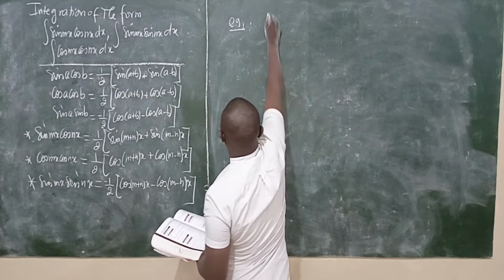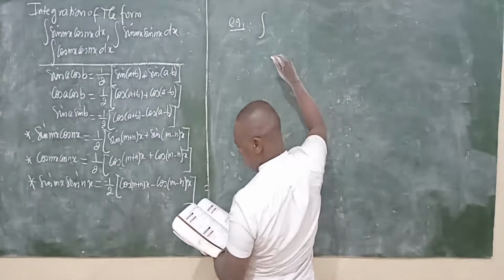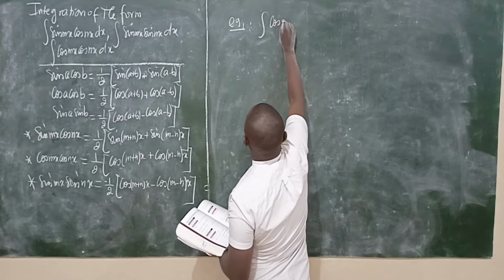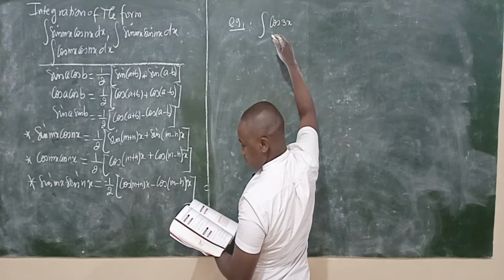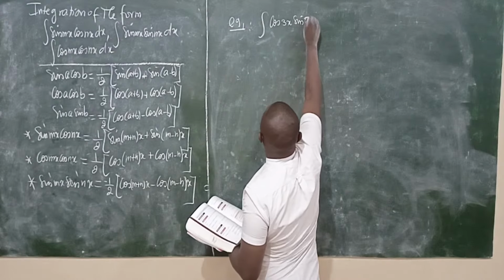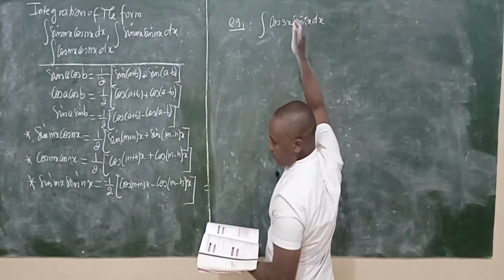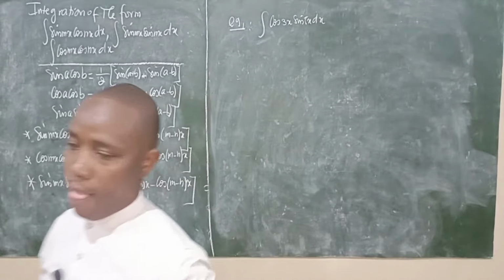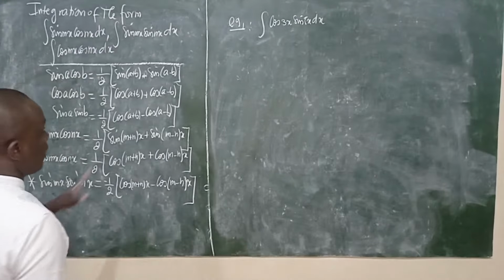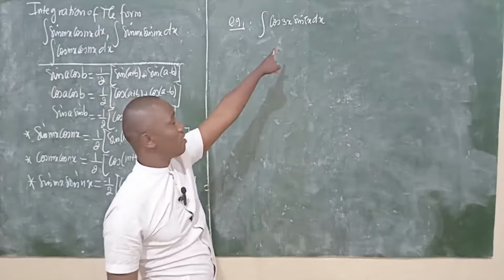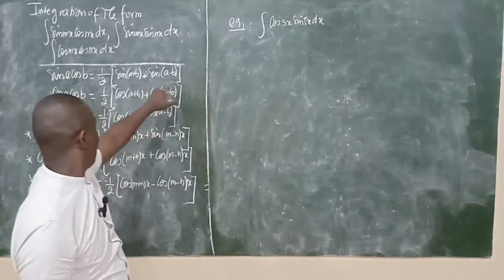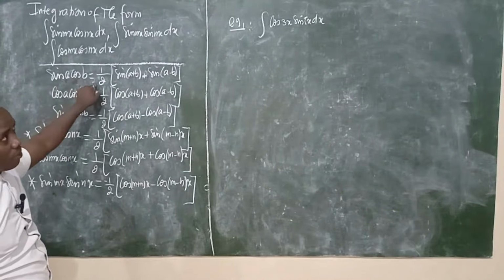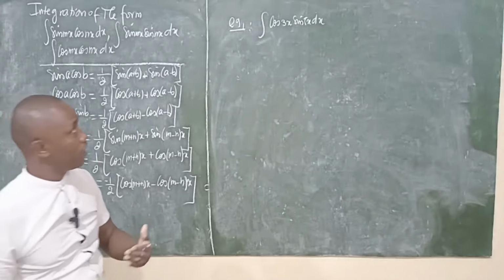Example 1. The integral of cosine 3x sine 5x dx. This is cosine A sine B, and here we have only sine A cosine B, but they are done the same way.